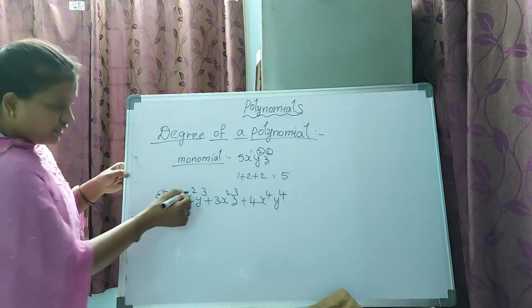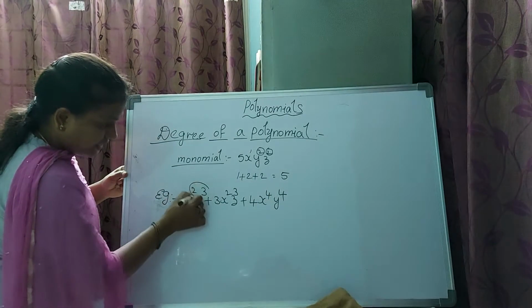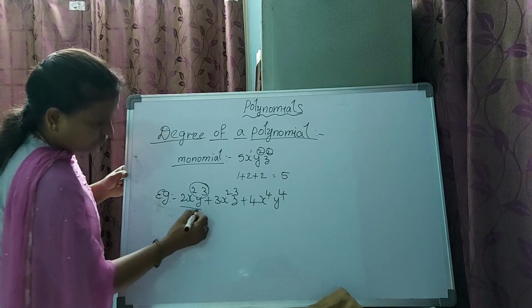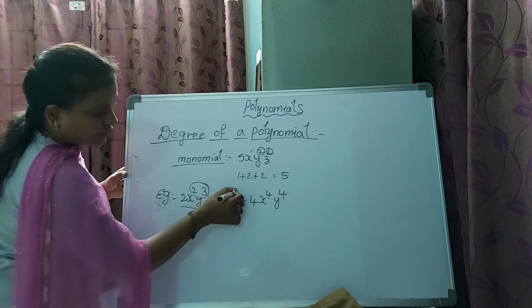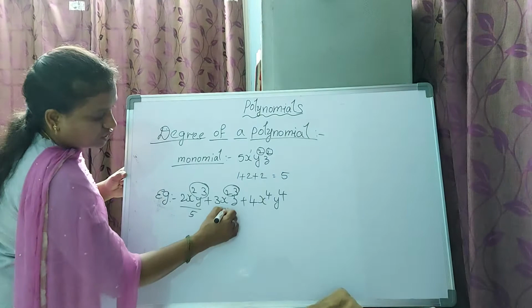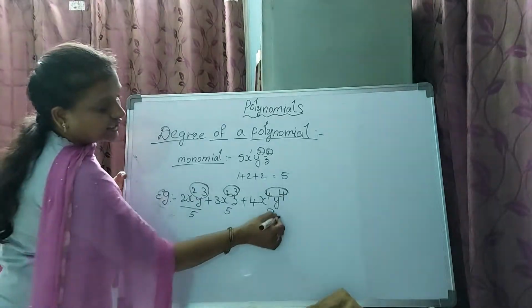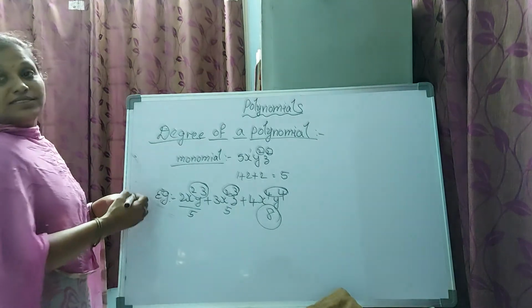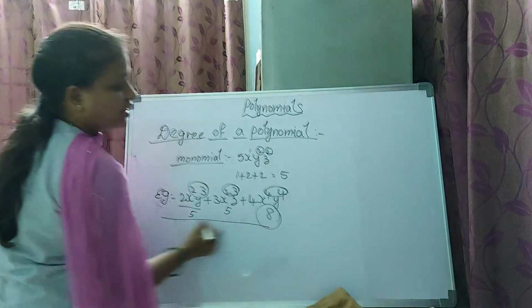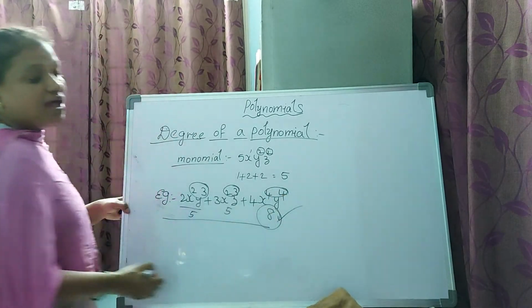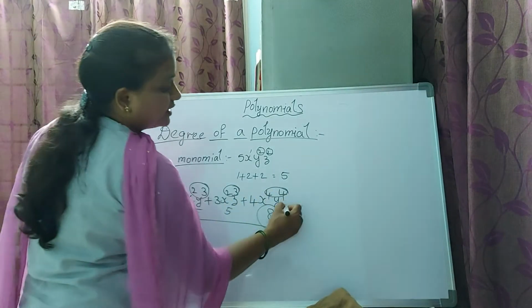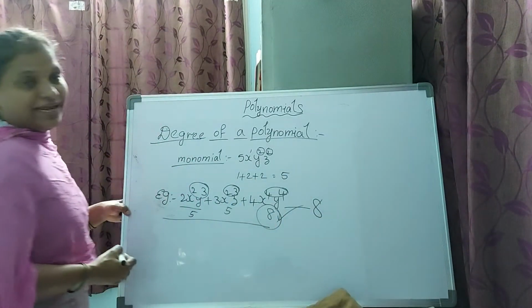For the first term the degree is 5. If you add the exponents, here also 5, and here 8. Which is the highest? 8 is the highest. That's why the degree of this complete polynomial is 8.